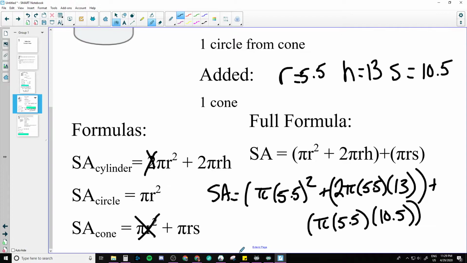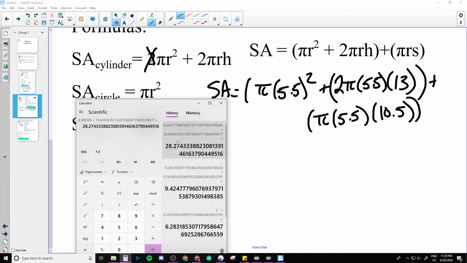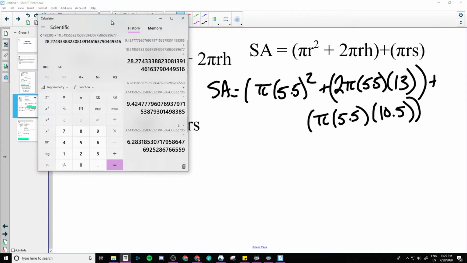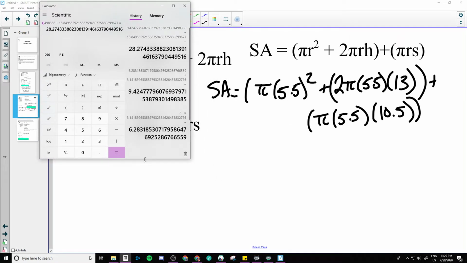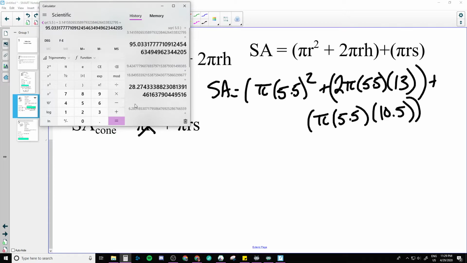Okay, so let's throw some of this into our calculator here. We'll start with the first part of this formula. So we've got pi times 5.5 squared. I'm just going to do the 5.5 squared first. Times this by pi. Gives us 95.03.